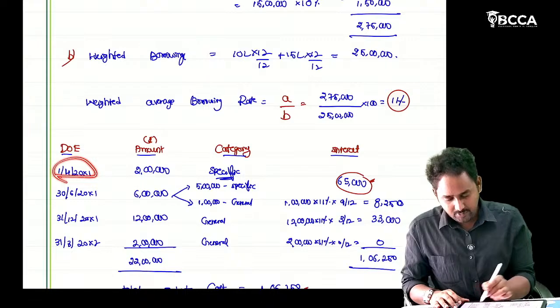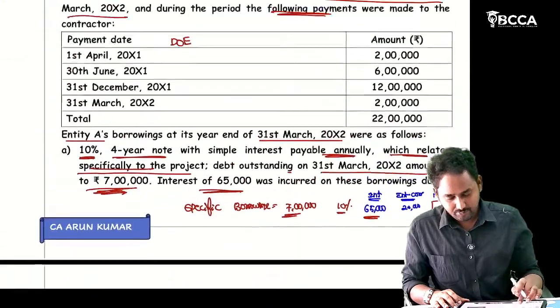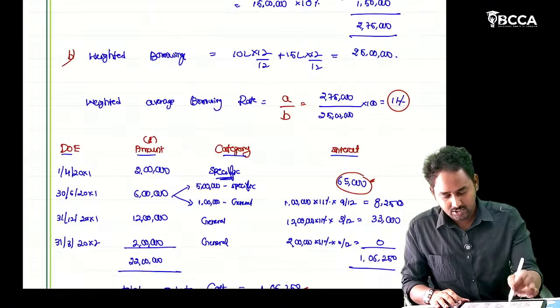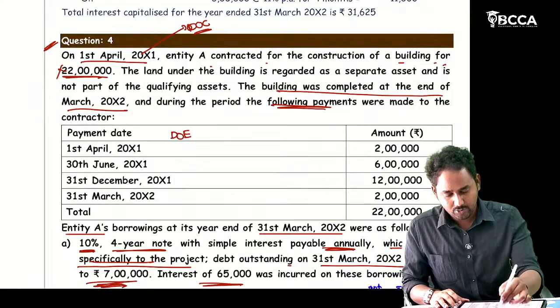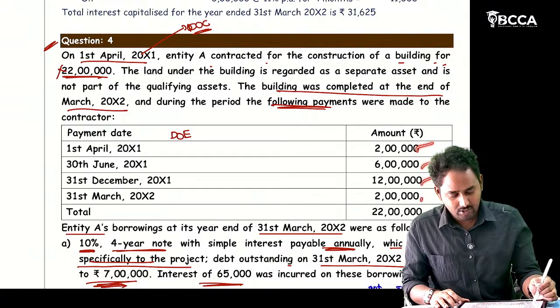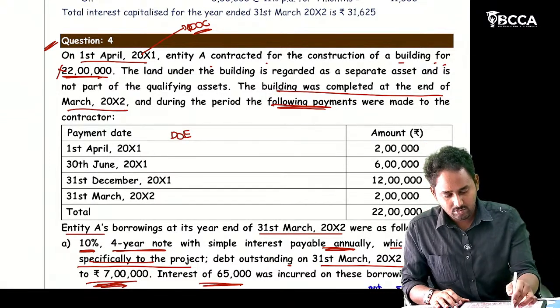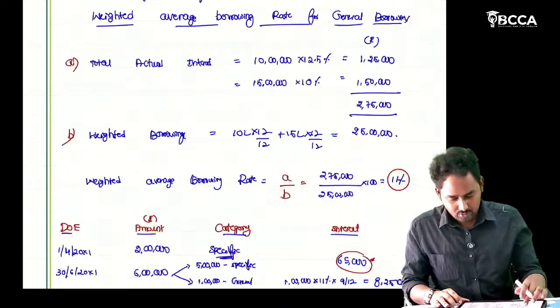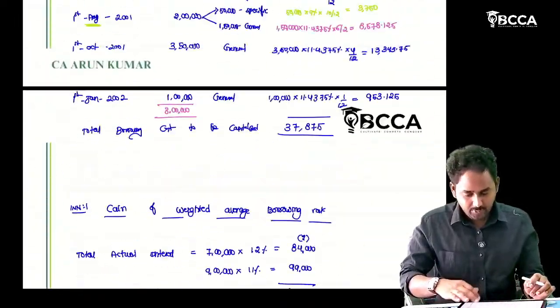What is the date of expenditure? 1st April, 30th June, 31st December, 31st March. Take those dates and take the amounts. So 2 lakh, 6 lakh, 12 lakh, 2 lakh, 22 lakh total. So what is the general rule? We should use the specific borrowings first.